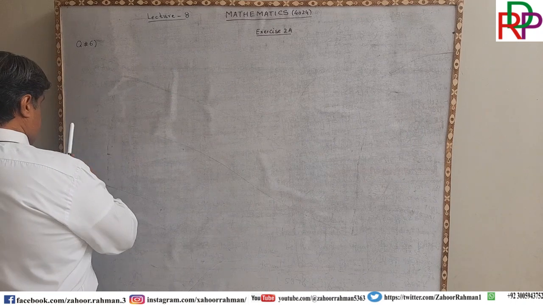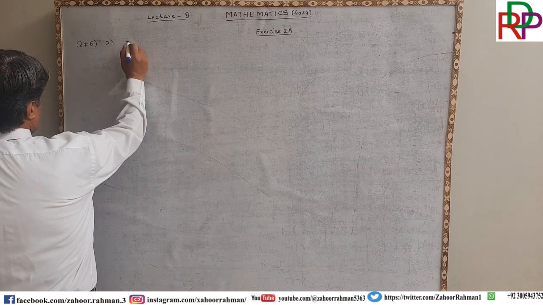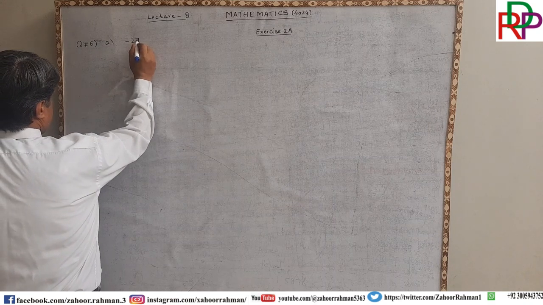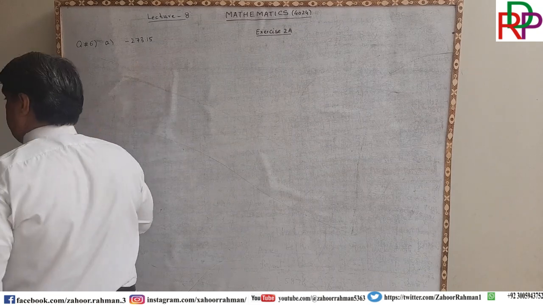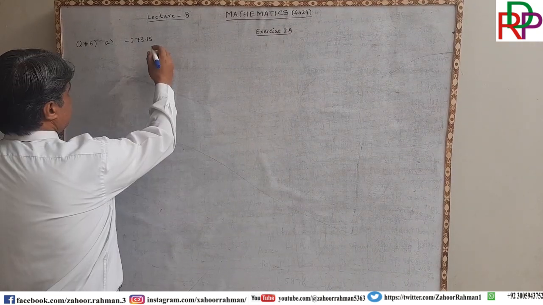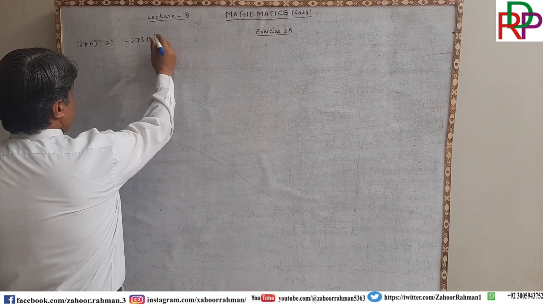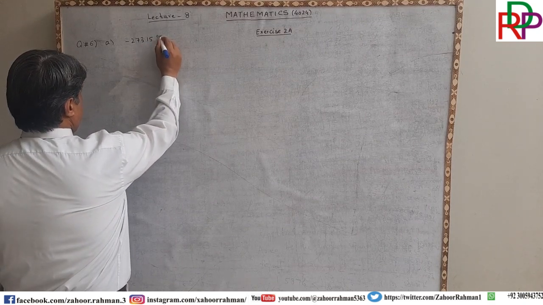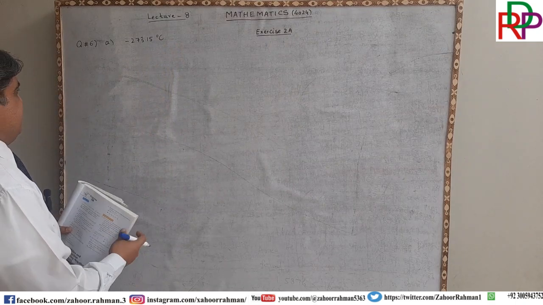In A part we have to write minus 273.15 degrees Celsius. And that is the answer.